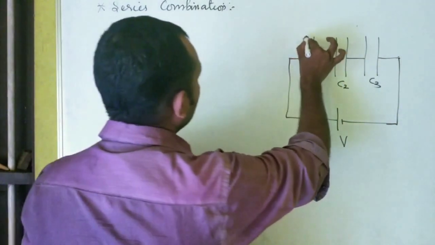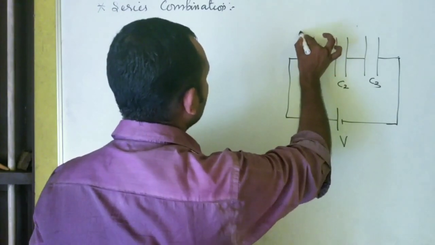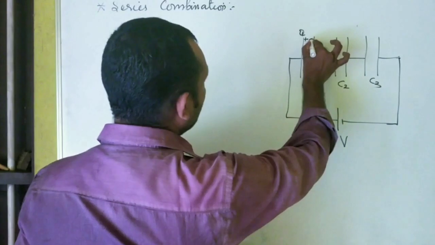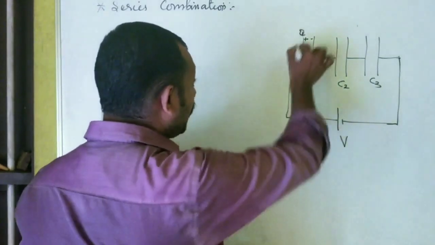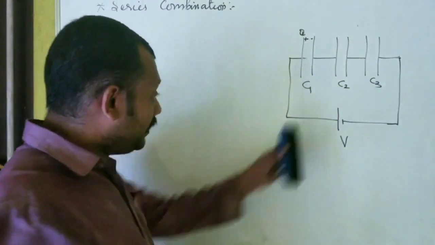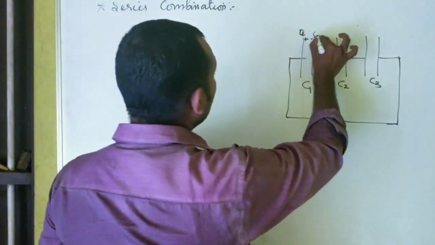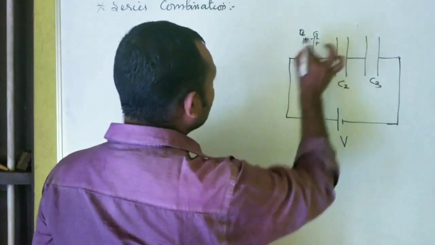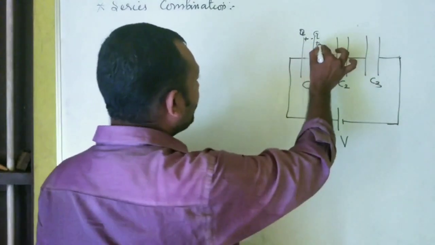Let us assume that the inner surface of this one has got a charge plus Q. Then what will be the charge on the inner surface of this one? The other negative charges have gone to the cell. So this will be minus Q. As a result, positive charges will be accumulated here and that will be plus Q.